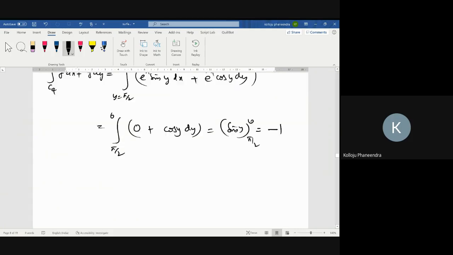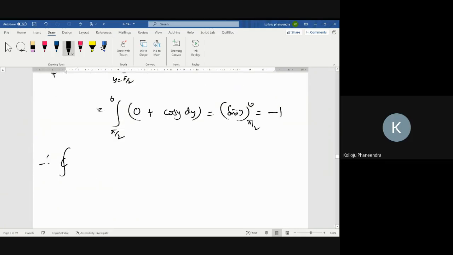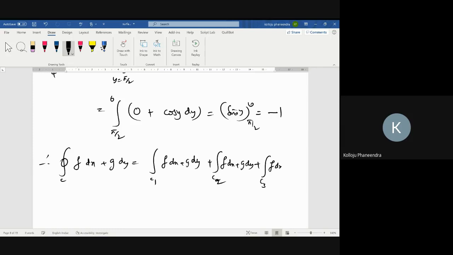Therefore, the circulation over C of f dx plus g dy is the sum of the integrals over C1, C2, C3 and C4.